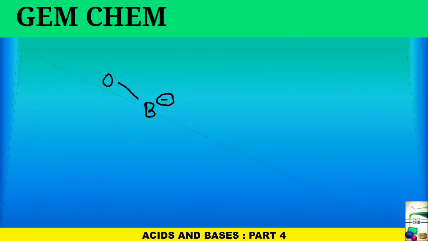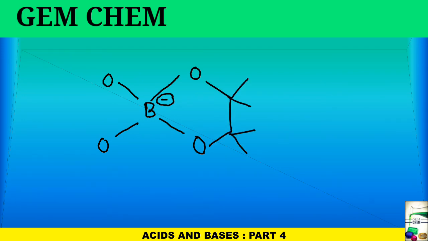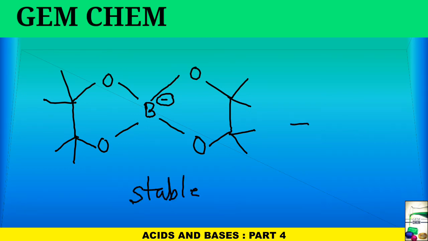Now see here, this will look like this: boron having a negative charge bonded to oxygen, oxygen, oxygen and oxygen, and this will look somewhat like this. And this is stable in nature, plus 4 molecules of water are produced.